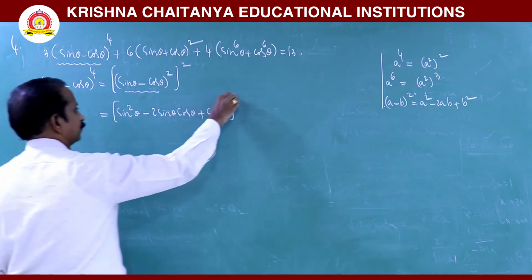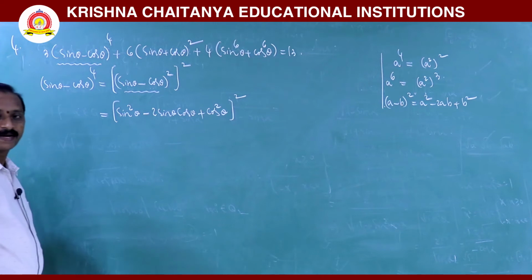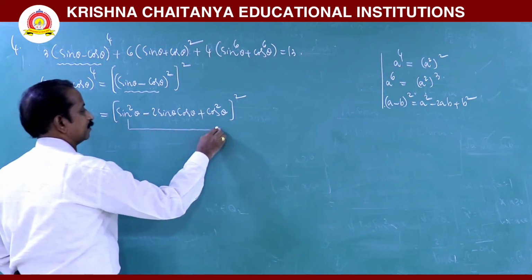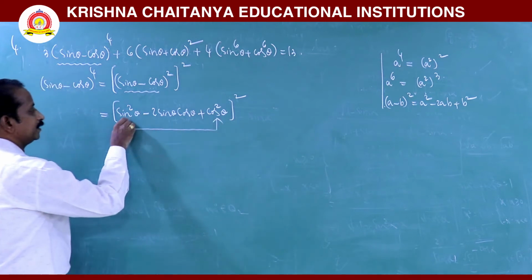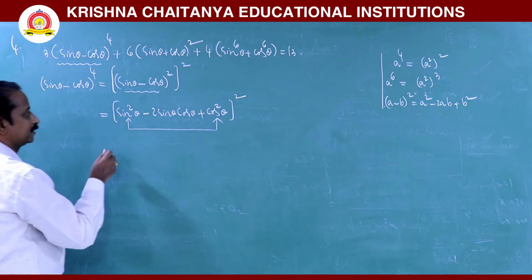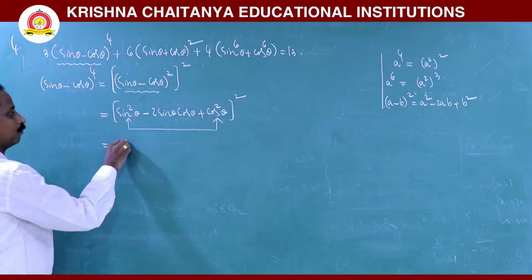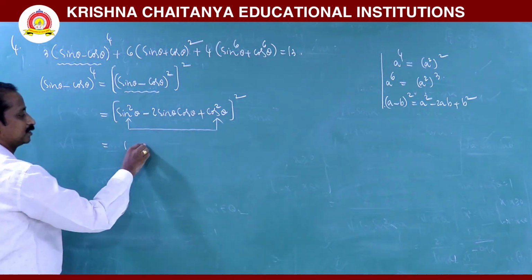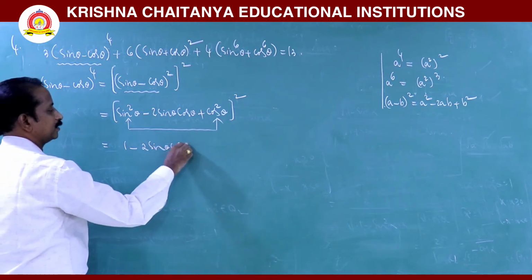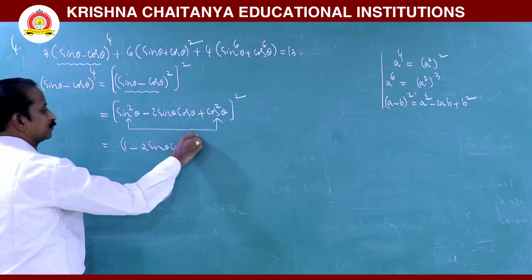And then observe in the bracket, sin square theta plus cos square theta is an identity, whose value is nothing but 1. So 1 minus 2 sin theta cos theta, already there, whole square.